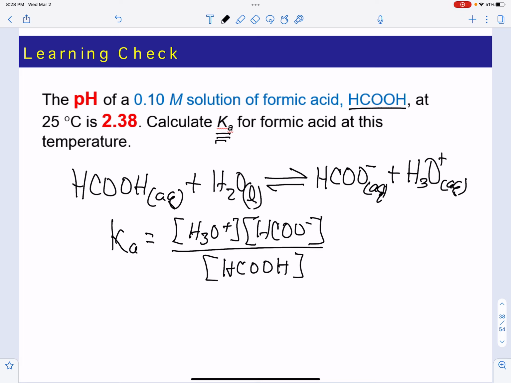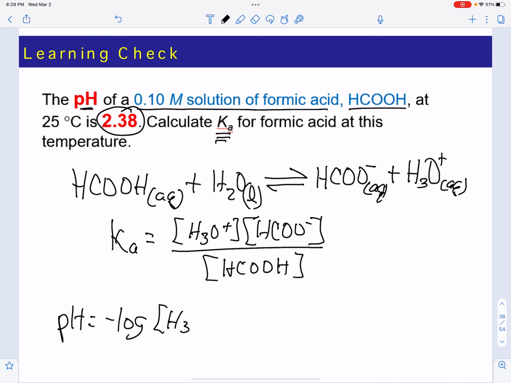The problem is telling us that the pH of this solution is going to be 2.38. And we learned earlier that pH equals minus log of the hydronium, and vice versa, the concentration of hydronium equals 10 to the minus pH.